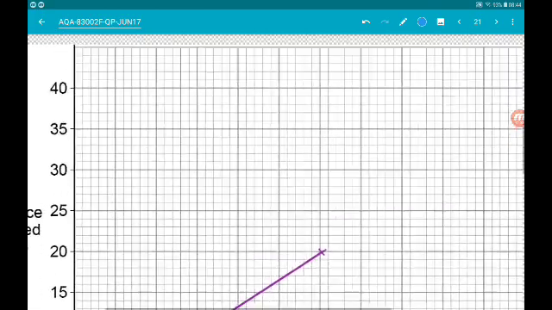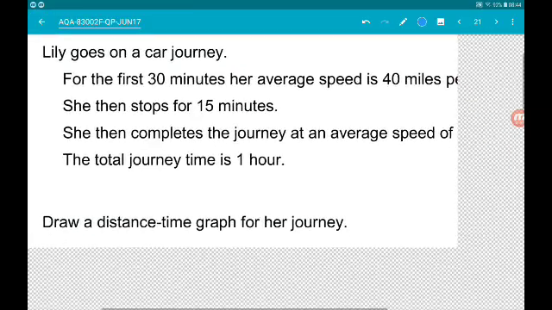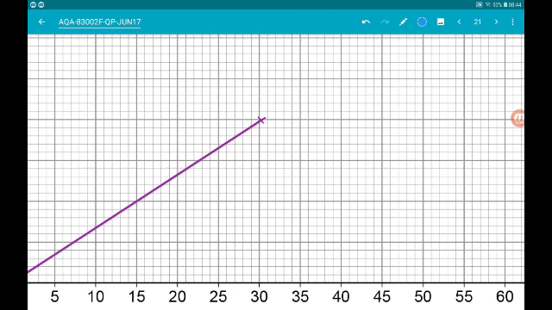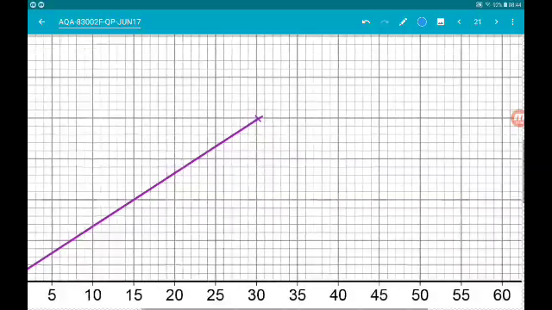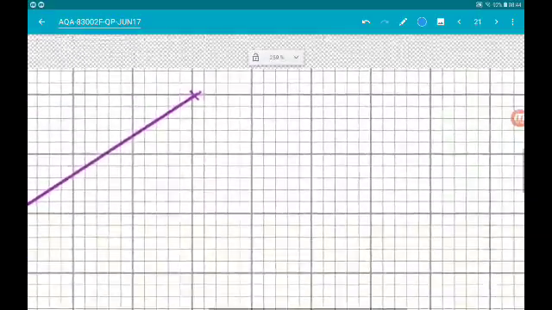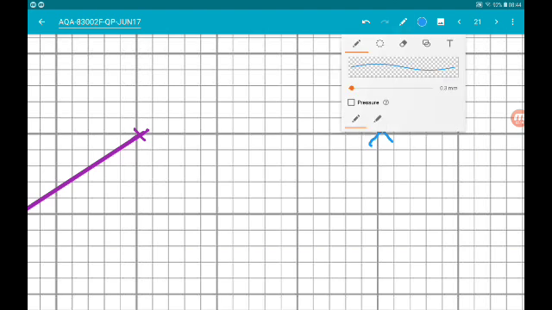Now for the second bit, we are told she stops for 15 minutes. So if she's stopped, she's not travelling anywhere. So that's just a flat line for 15 minutes. So that's going to be up to that point there.